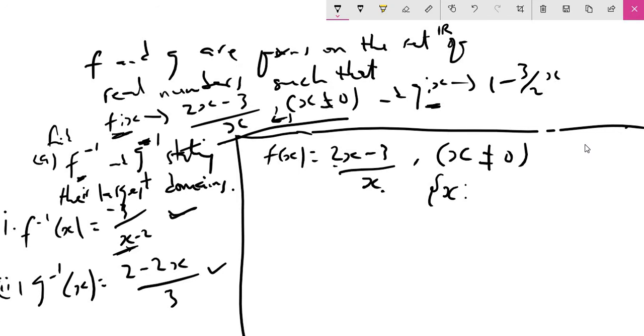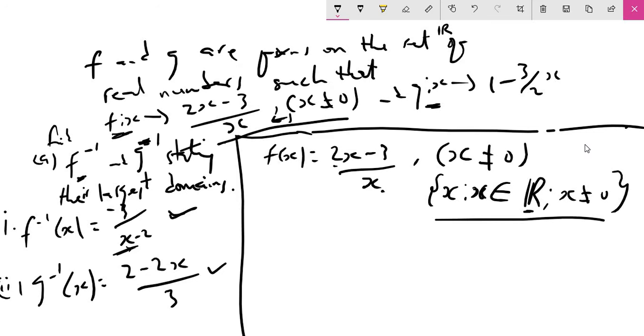So we can say that x belongs to the set of all real numbers, or we can just use x not equal to 0. Remember, R is all real numbers. So this statement means that x can take on any value in the set of real numbers. The only problem is it cannot be 0. Otherwise, it will make this undefined.